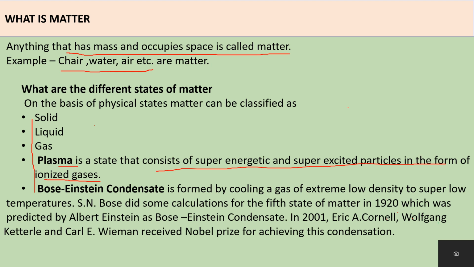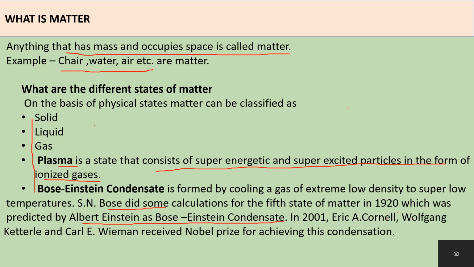Bose-Einstein condensate. Satyendranath Bose did some calculations for another state of matter. Later, Albert Einstein, based on these calculations, predicted the fifth state of matter and called it Bose-Einstein condensate.